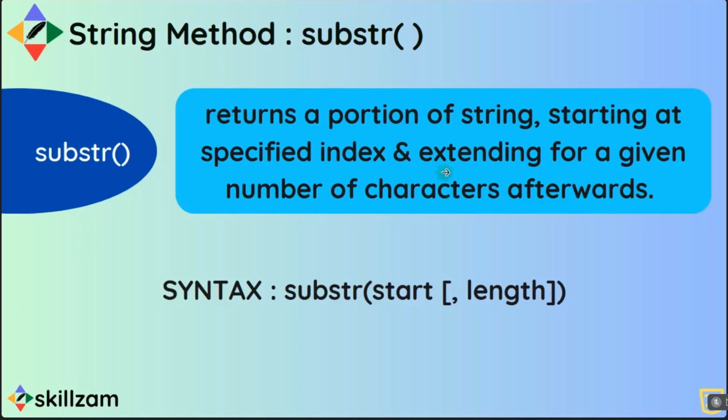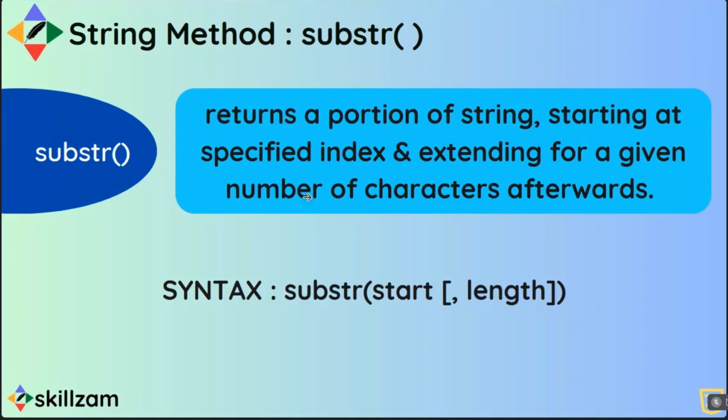The catch here you need to understand is the number of characters. You are giving the length of the substring that you want to extract. Okay, so the syntax is substr: you have a starting position of the substring that you want to extract and the length of it. This is much easier to use because you give the number of characters, which is nothing but the length you want to extract.